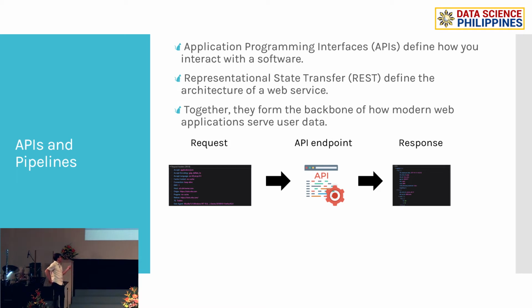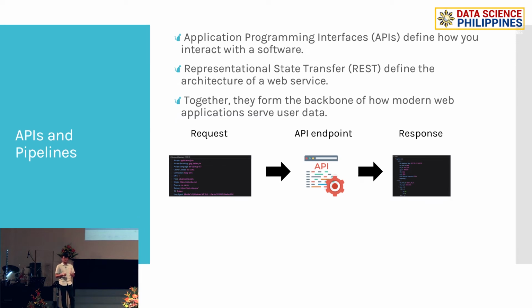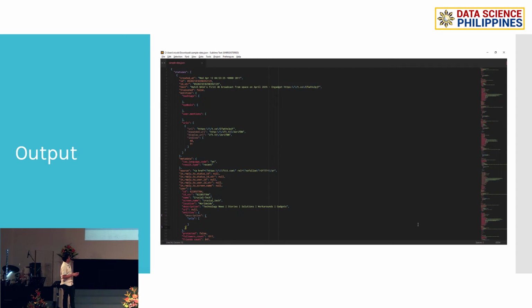Just as an example, it's a bit too tiny, but the general idea is you send out an HTTP GET request and pass it through an API endpoint. It depends what type of API is available to different web services. A response is given, usually in the form of either XML or JSON, which is JavaScript Object Notation, right? Again, it's a bit too small, but this one is a JSON.